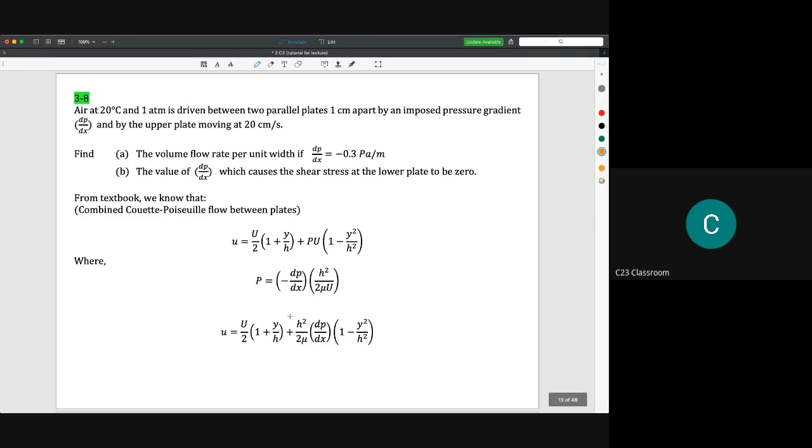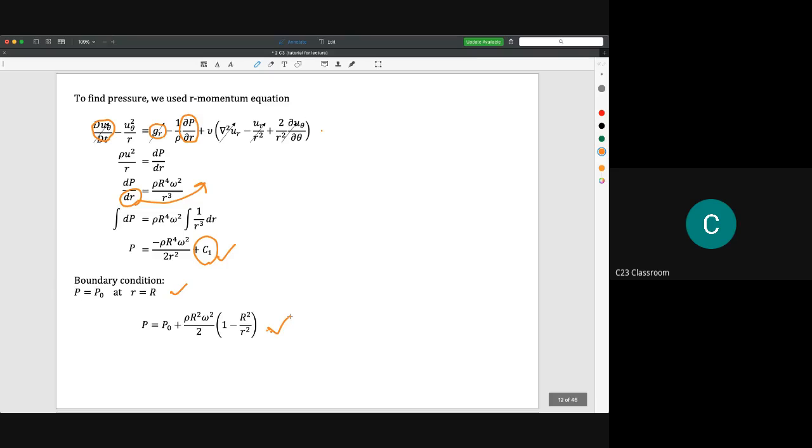Okay, so until this question, I hope you could understand the first. If possible, please remember the Navier-Stokes equation. It's very hard, but I will try to give you an appendix in the final exam, because the Navier-Stokes equation for polar coordinates is quite tough, it's quite complex.